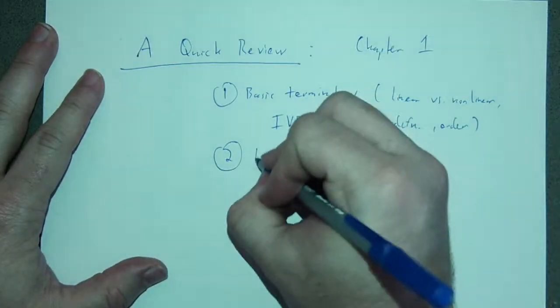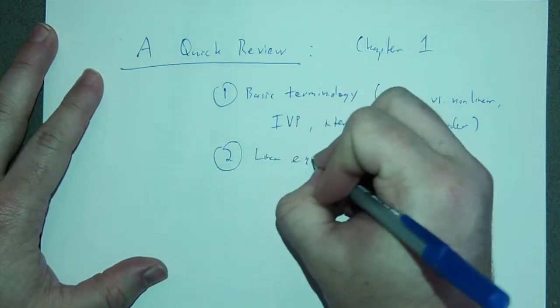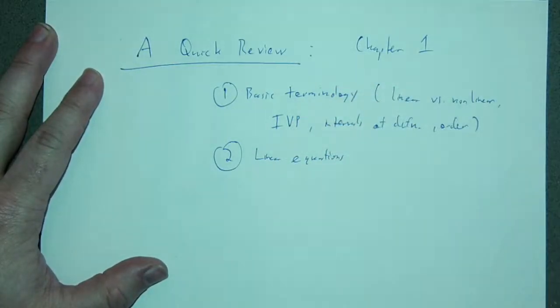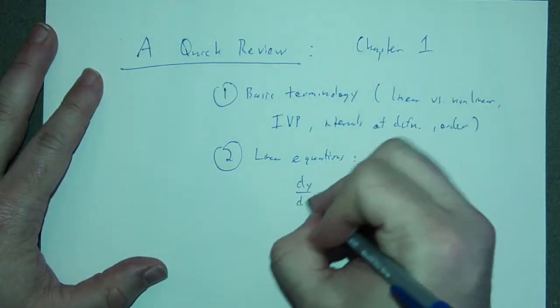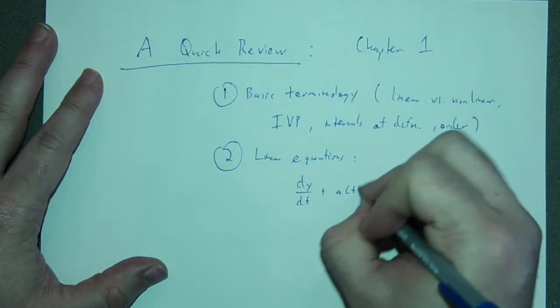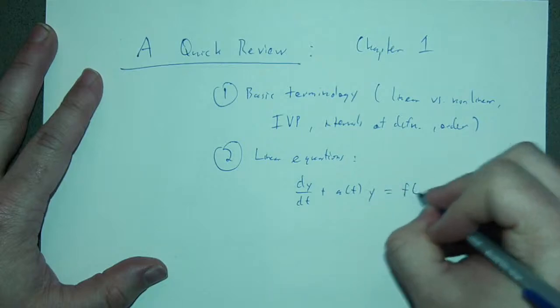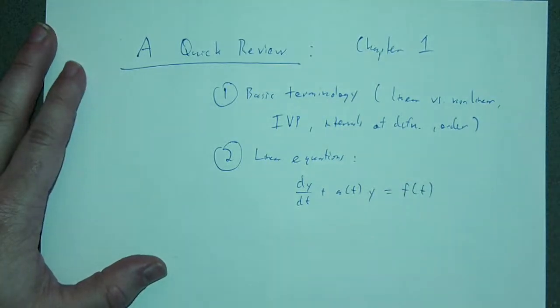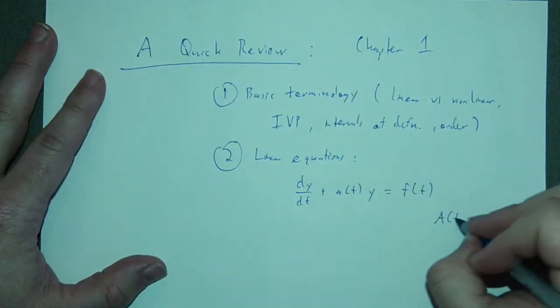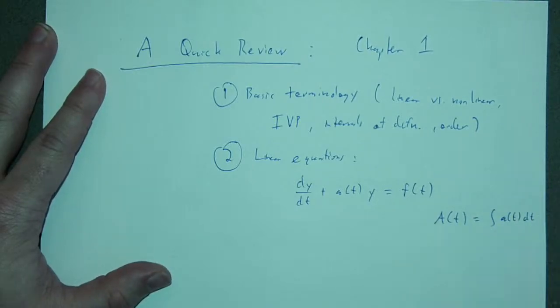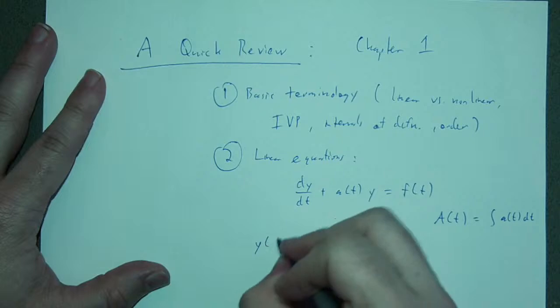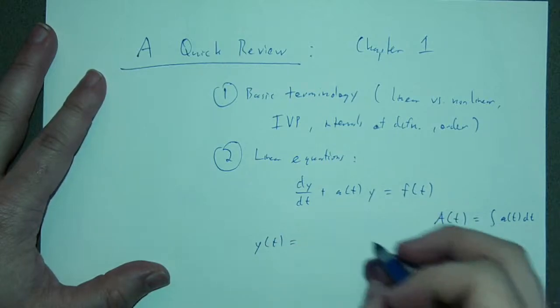So secondly, there's linear equations. Linear equations, of course, can be brought into linear normal form. Once they're brought into this form, if big A of t is the integral of little a of t dt, then our closed form solution, there's a recipe for it, right?